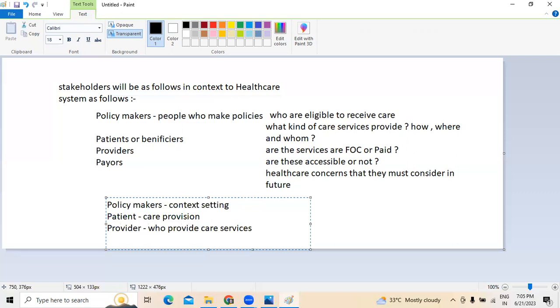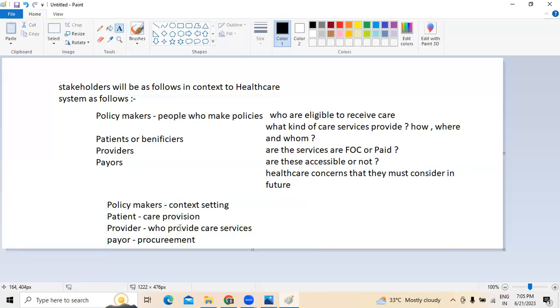Next, payers are the people who take care of procurement. So this is what, being a BA, you need to know.